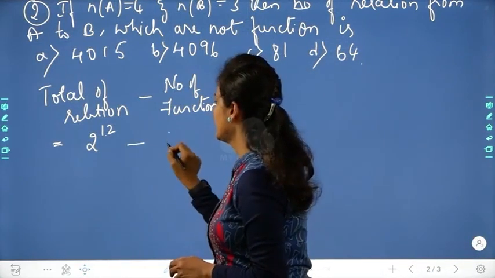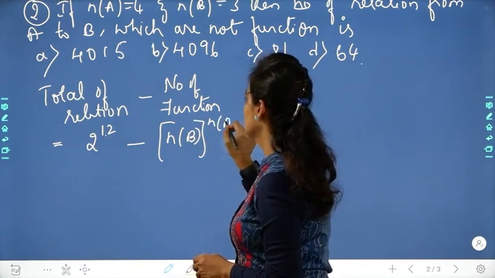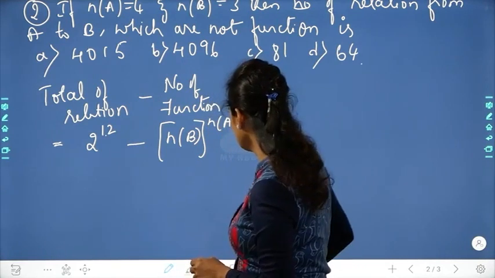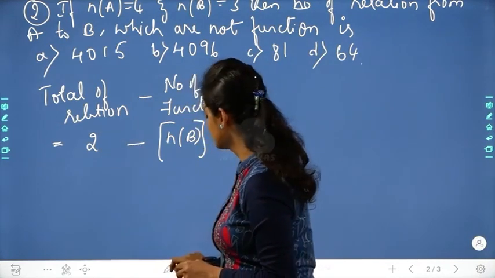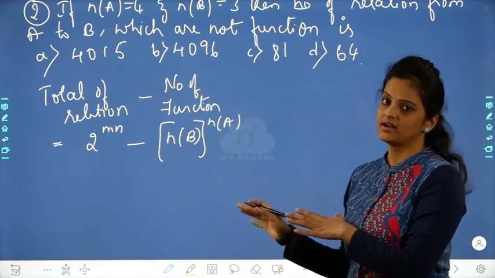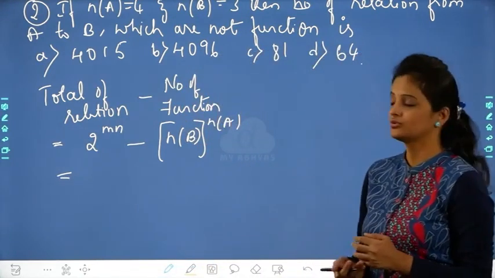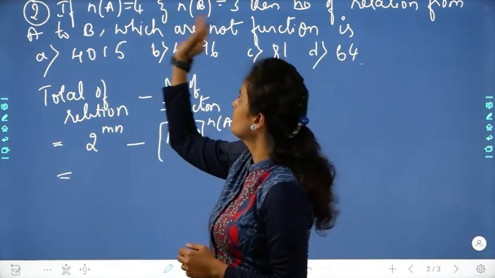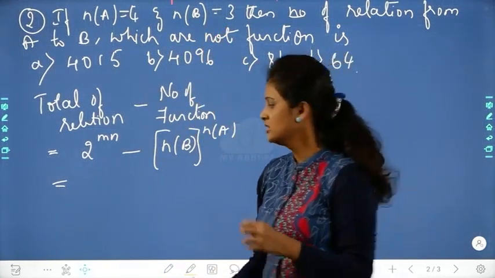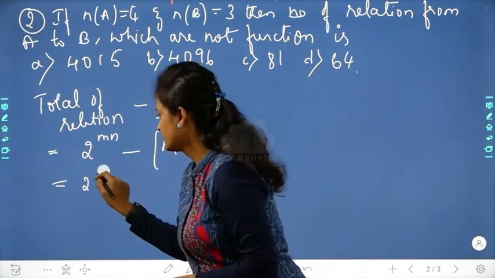It is n of B to the power of n of A. I'll write the formula, then we'll substitute. But this much time won't be there for you in the exam. This is just the method, how you get the formula. Within a second you have to give your answer there.